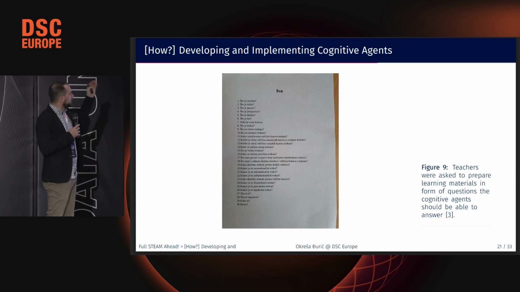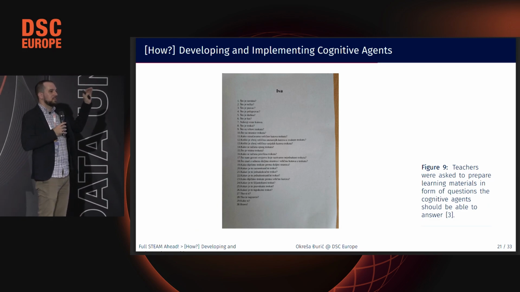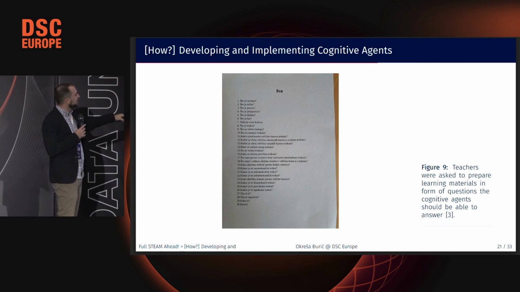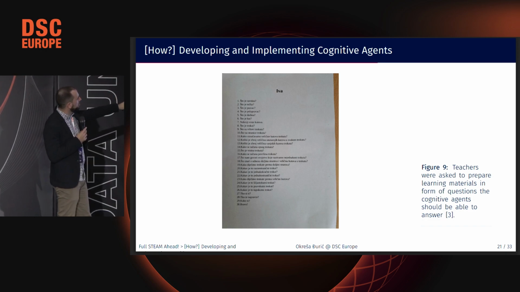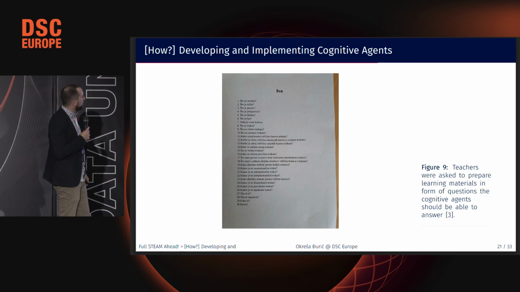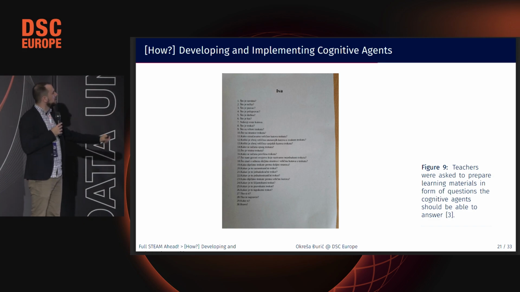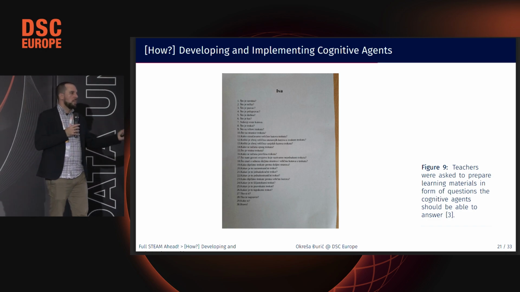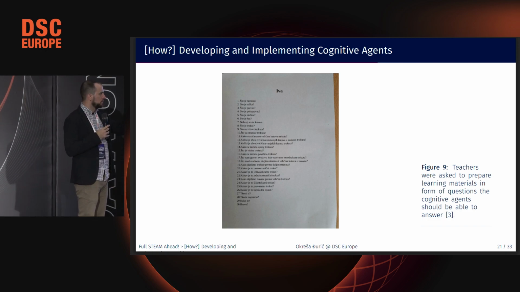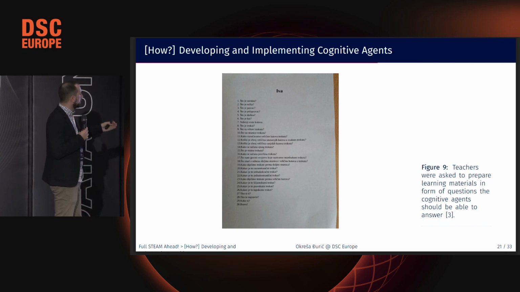What we received was a couple of sets of specific questions. This is in Croatian, but for example, we are talking about mathematics, I think, here. And there are questions like, what's a triangle? What are the angles of a triangle, and so on.